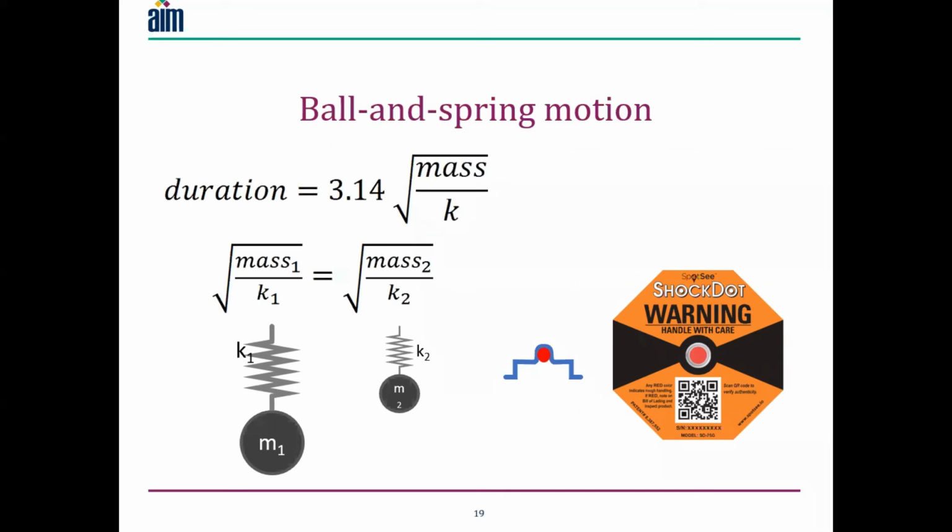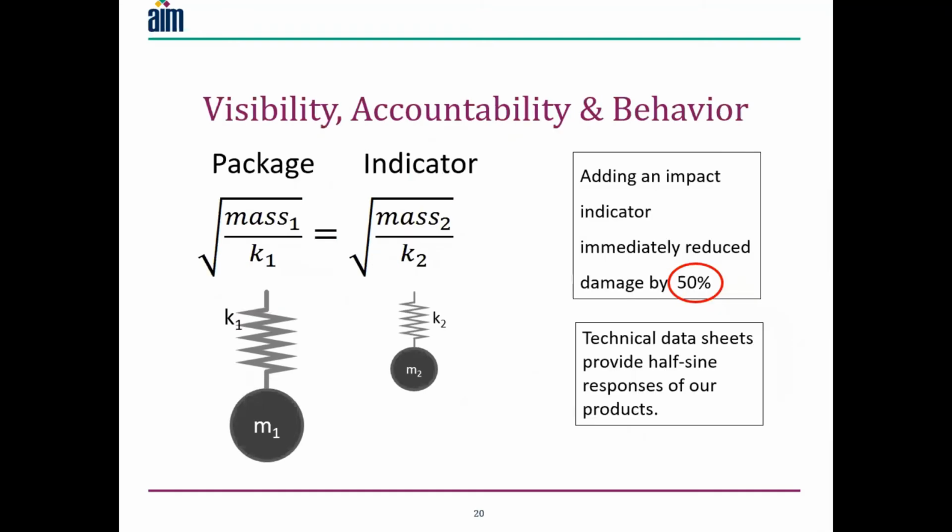And therefore, we can come up with an extremely simple emulation of what's going to happen inside your box in a low-cost plastic cup that you can stick on the outside of a box that will indicate events that are very similar to what the inside of your product is going to go through. So that's really the basis of making something that is a model of what's going to happen inside your box.